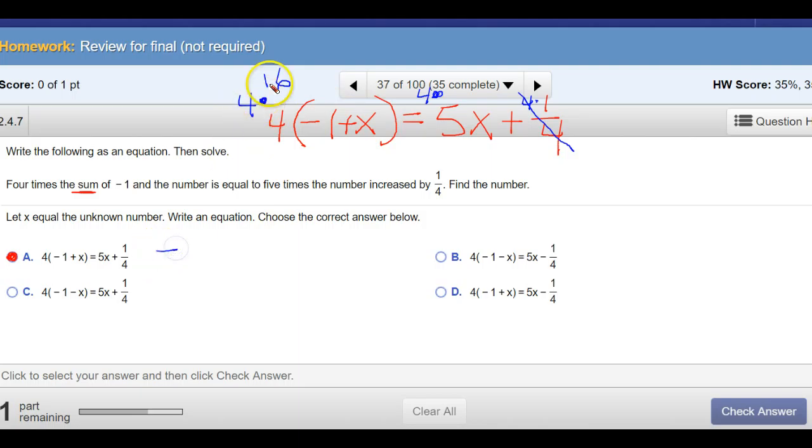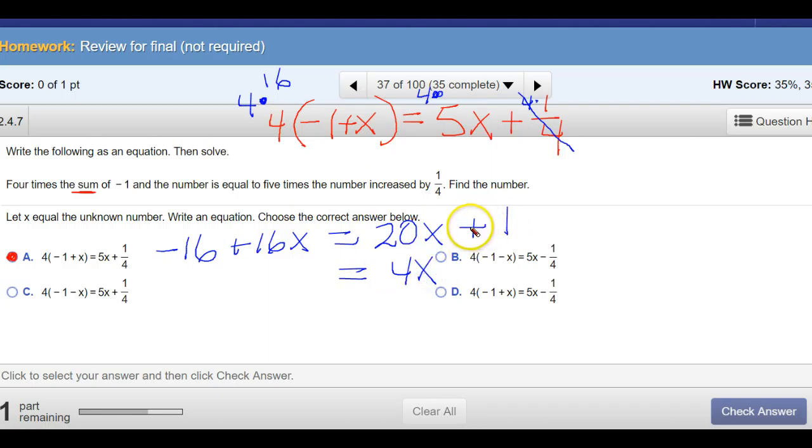So negative 1 times 16 is negative 16 plus 16x equals 5 times this is 20x plus 1. Now I want to try to keep my x's positive, so I'm going to subtract 16x from here and there, or just transpose it, and I get 4x.